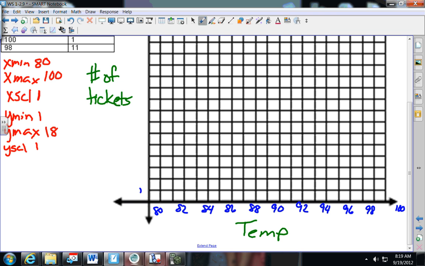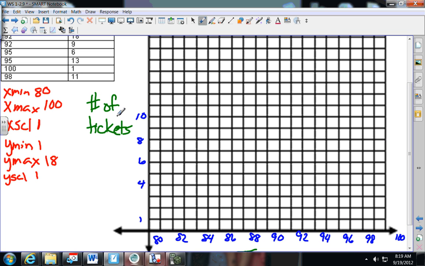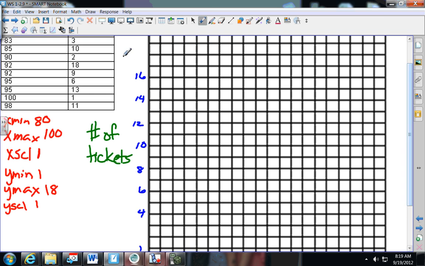Here I'll go by ones. 1, 2, 3, 4, 5, 6, 7, 8, 9, 10, 11, 12, 13, 14, 15, 16, 17, 18. Okay, so let's go and graph these.